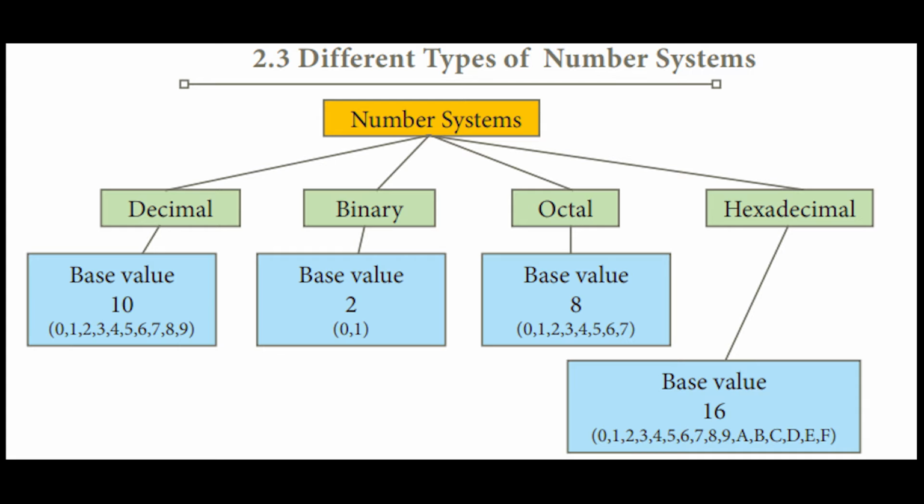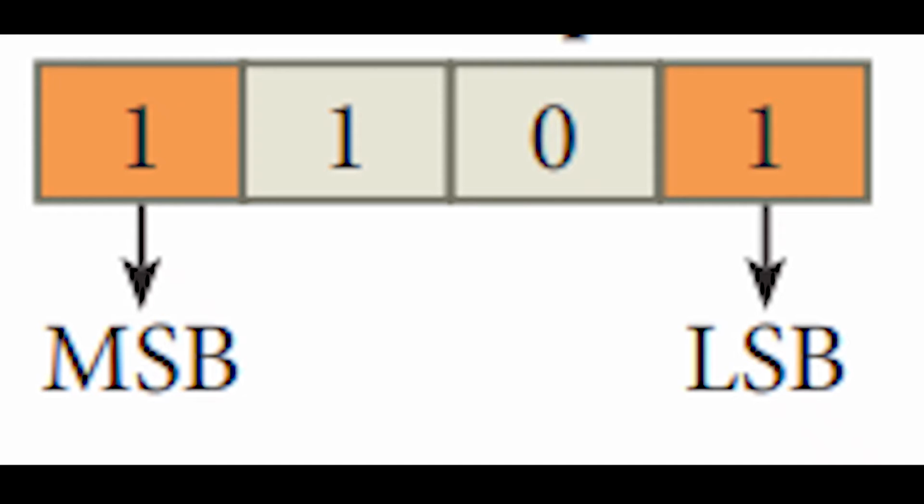So same way only, we'll give the power to 2. Okay, here in this binary number system, the leftmost bit, we'll say it as MSB, that is most significant bit, and this is the largest positional weight.